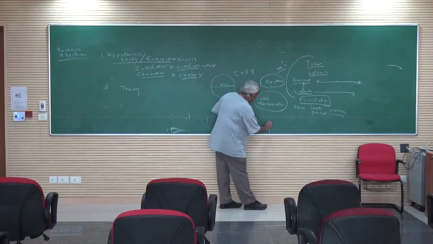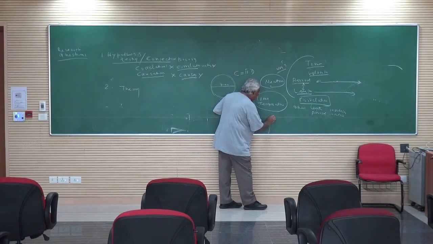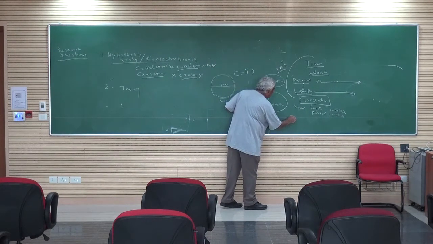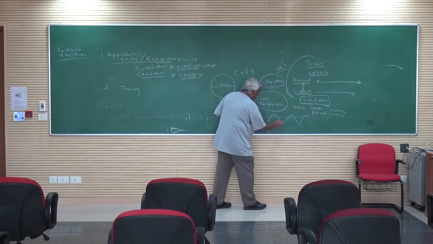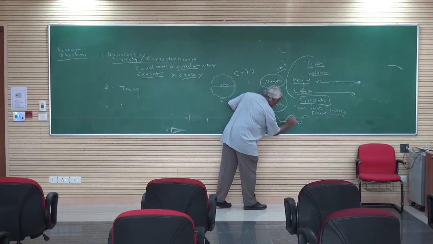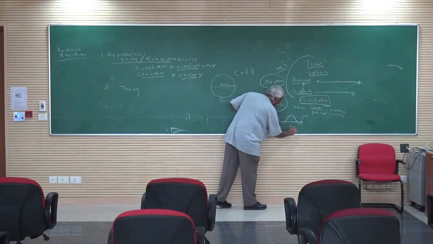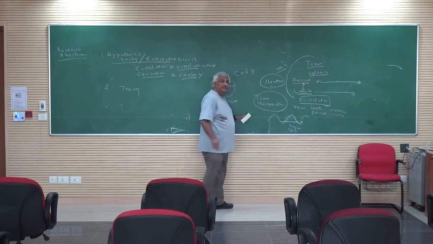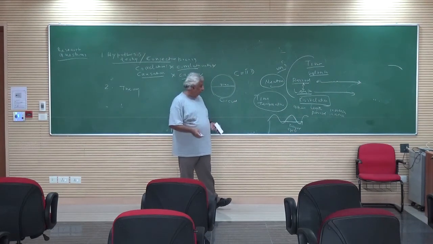And then you find that the temperature in the morning gradually goes up and then it comes down at night and then goes up again the next day and comes back. So this wave, this is the period or the cycle. And what I've drawn here is a daily cycle of temperature.